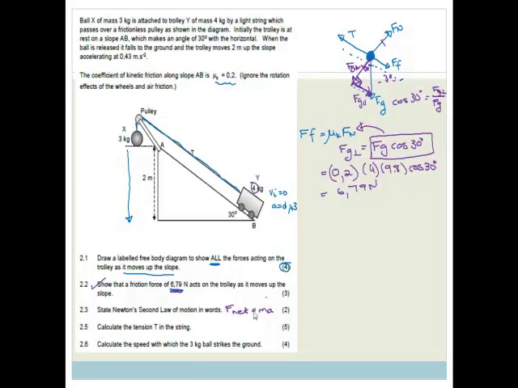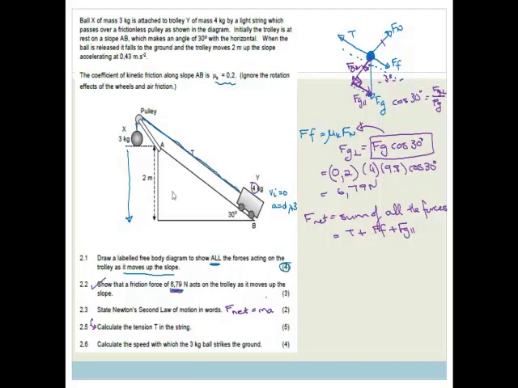They're hinting that we're going to use F net in the next question, which says calculate the tension in the string. Okay, so we know that the net force is always equal to the sum of all the forces acting on an object in the same plane, which in this case is going to be tension plus the force of friction plus the force of gravity parallel.